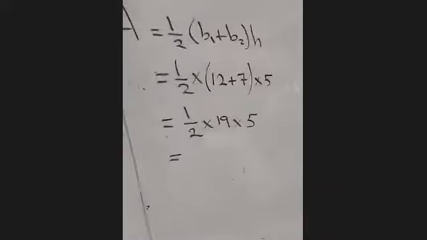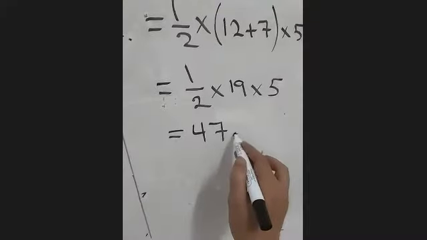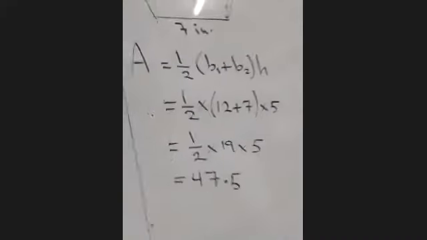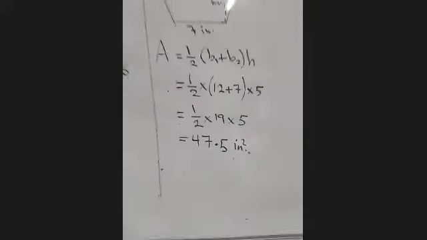Half of 19 is 9.5. 9.5 times 5 is 47.5 inches squared, right?